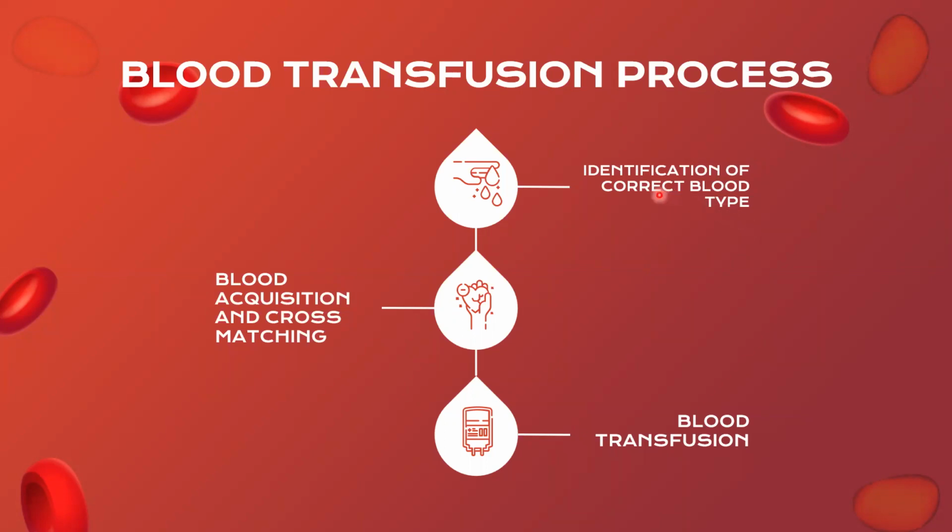There should be identification of the correct blood type and acquisition of the blood and cross-matching before we could proceed with blood transfusion so that the blood that we would give from the donor to the recipient is safe for the recipient. Because again, if it is not compatible, if it's not a successful match, then it can just cause more harm for the patient.